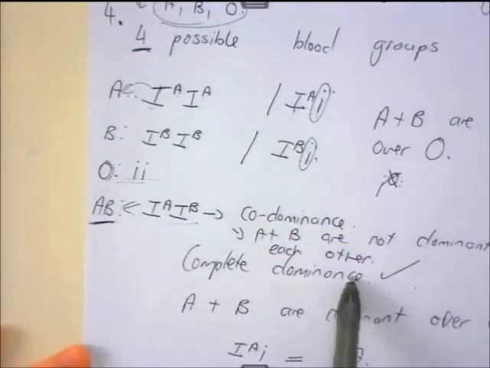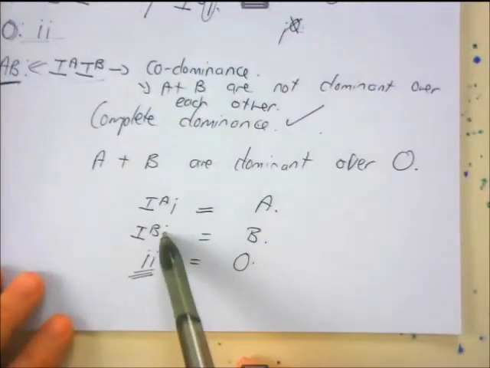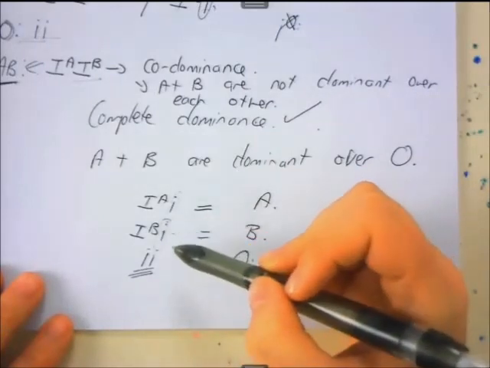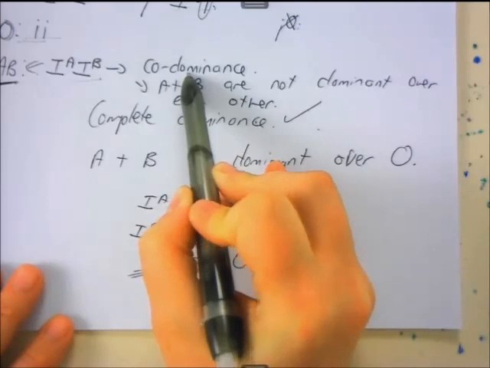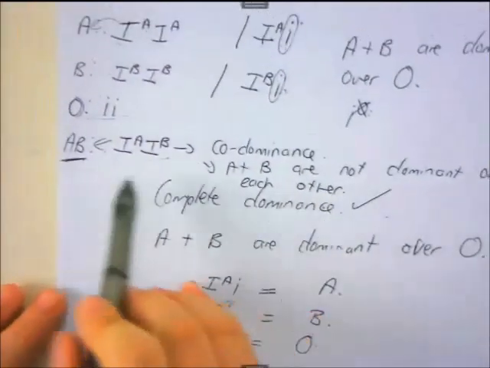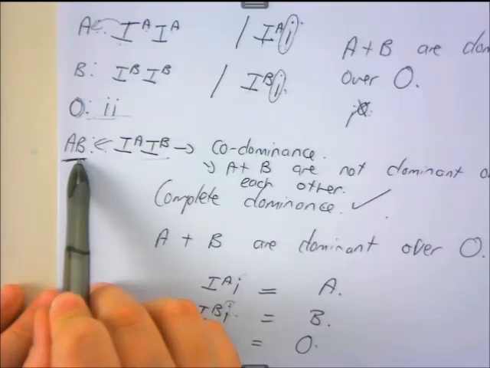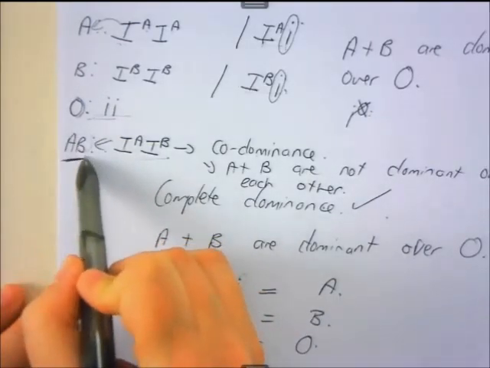Okay, so complete dominance is going to be used when you are looking at the A and the B in relation to the recessive gene, which is the O gene. But codominance is going to be the principle that you have to use and keep in mind when doing a genetic cross, and if you get scenarios, okay? This is a fourth possible phenotype. So just linking again, another bit of work that is quite important.